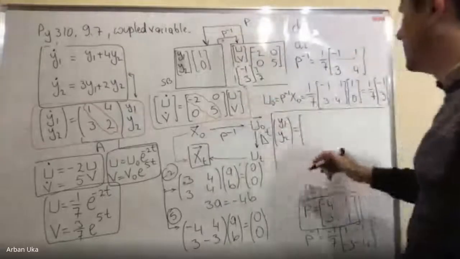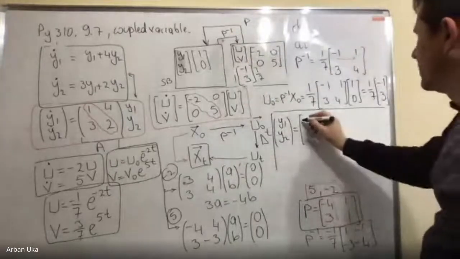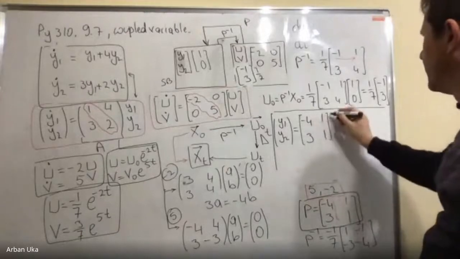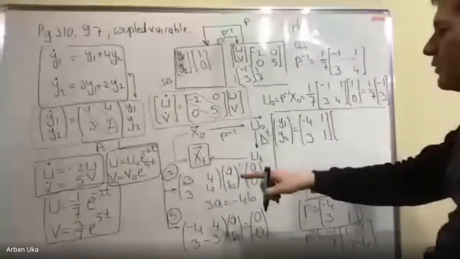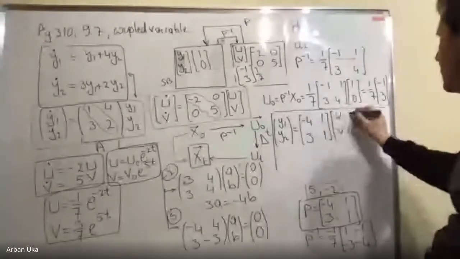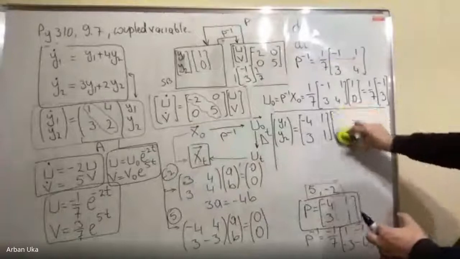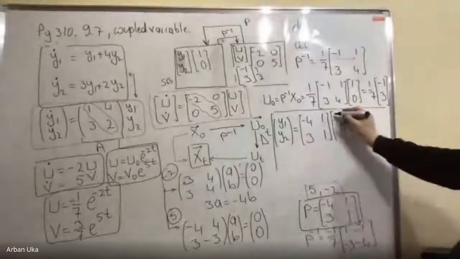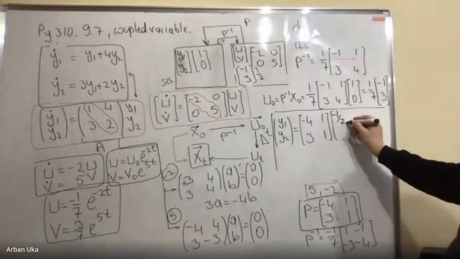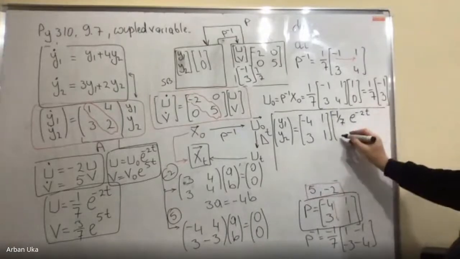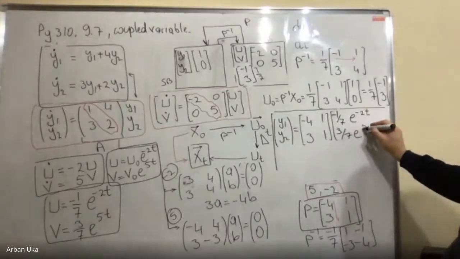We do them through P. Then P is minus 4, 3, minus 4, 3, 1, 1. And these we multiply with UV, right? So what is UV? This is the general expression. Instead of U and V, let's write this. This is minus 1 over 7 e to the power minus 2t. And here we have 3 over 7 e to the power 5t.